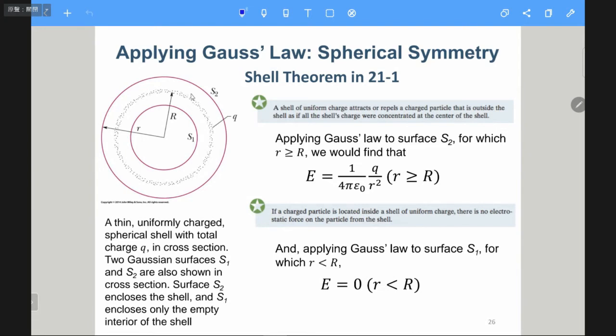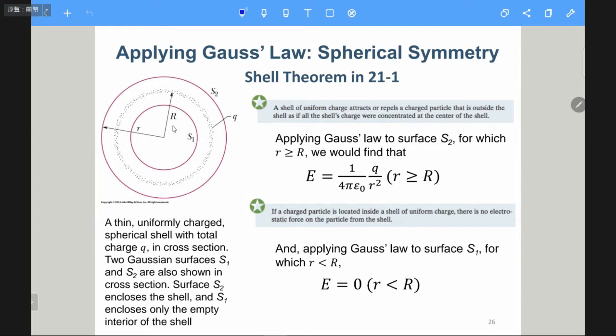So here we assume this is the shell, with the charge Q. Now we assume the Gaussian surface S2, which has a larger radius than this sphere.